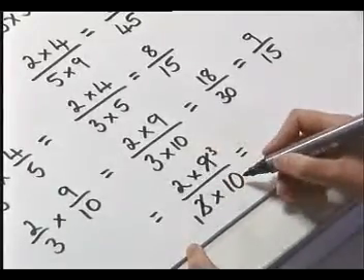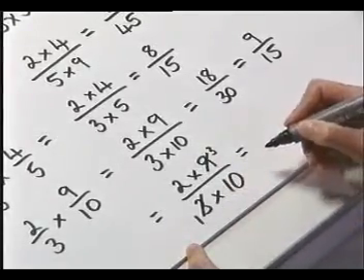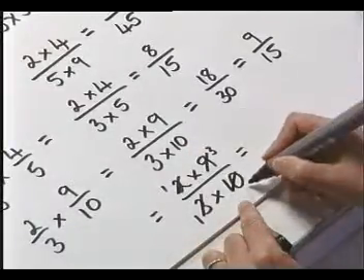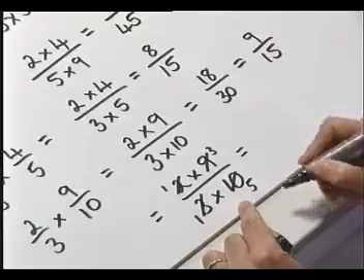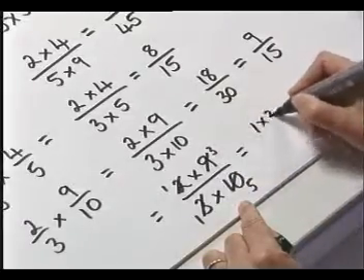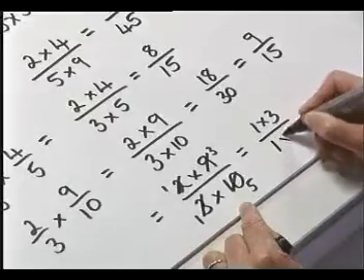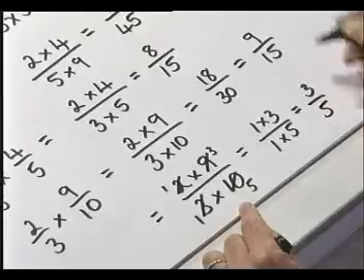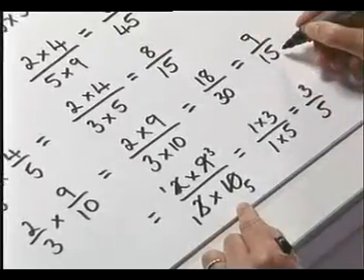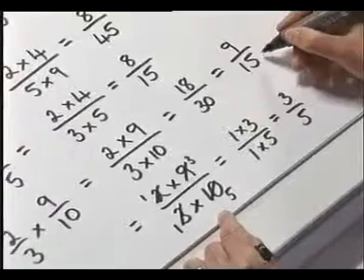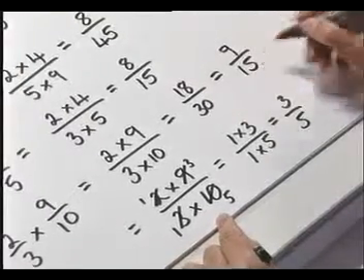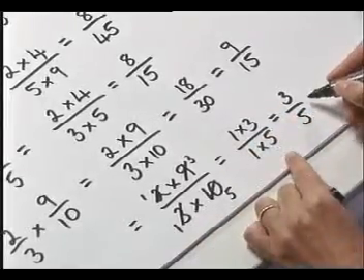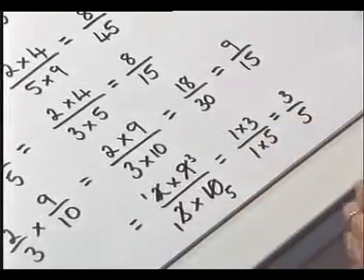And if we look further, we can see that we can also divide by 2. 2 goes into 2 once, and 2 goes into 10 5 times. So this is actually 1 times 3 divided by 1 times 5, and we get 3/5. And in fact, you can see here that I didn't look closely enough and divide by 3 at first. It's easy to miss. So if you can make it easier for yourself and do some cancelling, then you should do so. So we end up with 3/5.